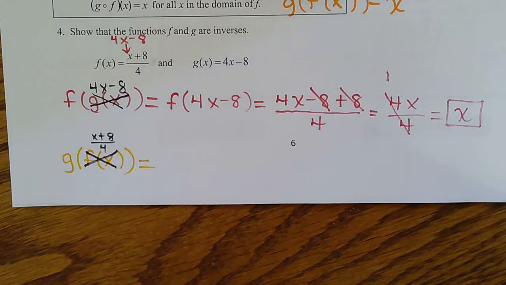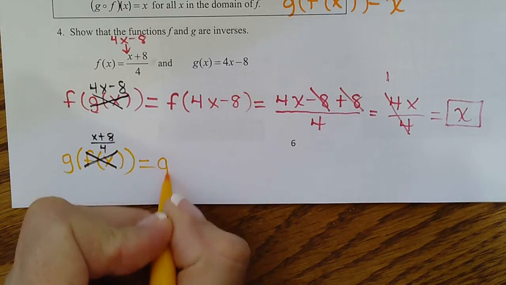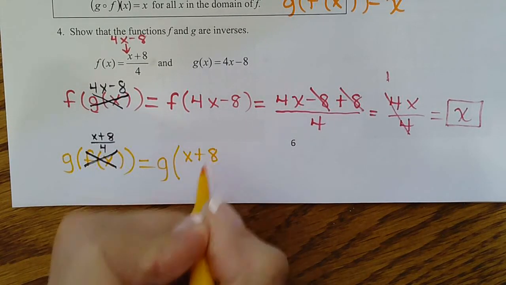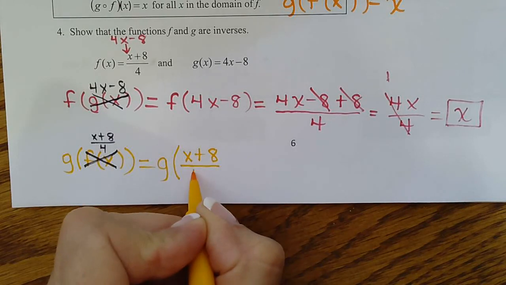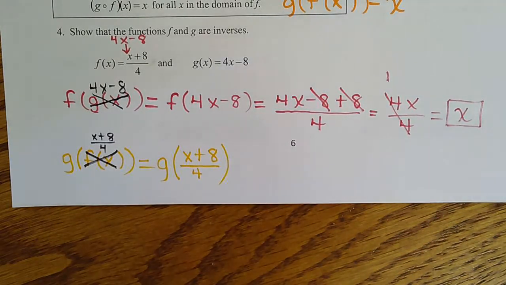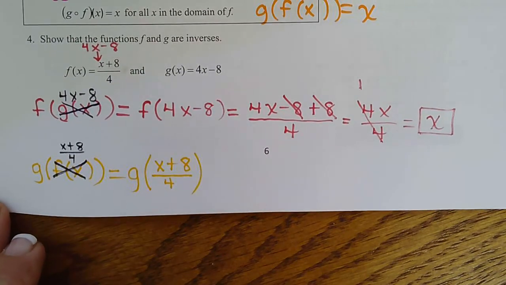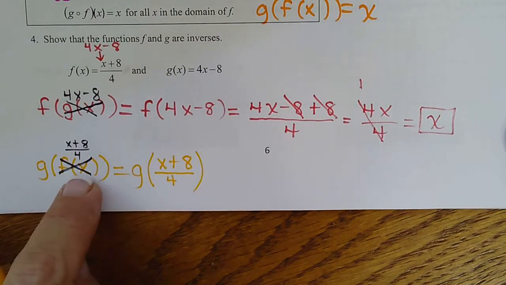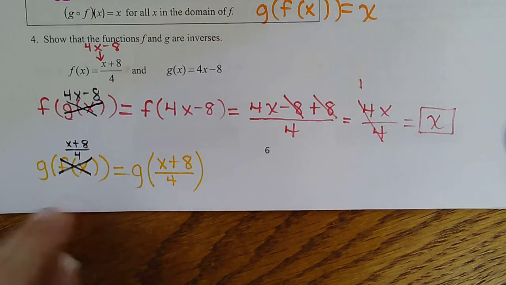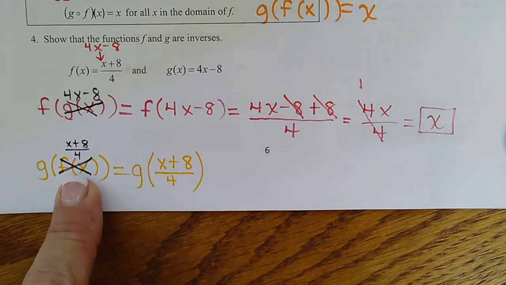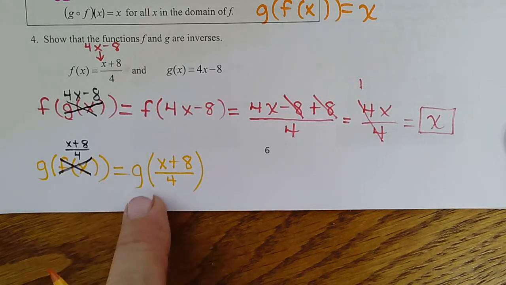In function g, take out your x, and wherever you see an x, replace it with x plus 8 over 4. That's exactly how we learned to do compositions in the last section. We write them as nested parentheses, take the inner function out, replace it with what it's equal to, and then you evaluate the outer function at that.